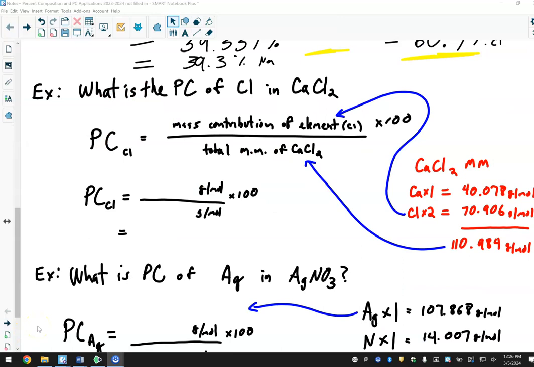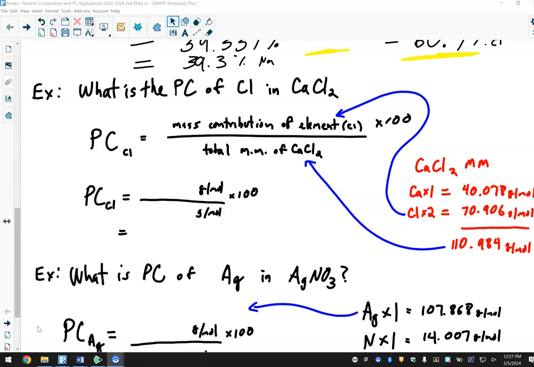Sometimes you're asked to give the percent of all the elements in the compound, and sometimes just the percent of one of the elements. In this case, the question asks, what is the percent composition of chlorine in calcium chloride? So again, the percent composition is the mass contribution of the element, chlorine, over the total molar mass of calcium chloride.